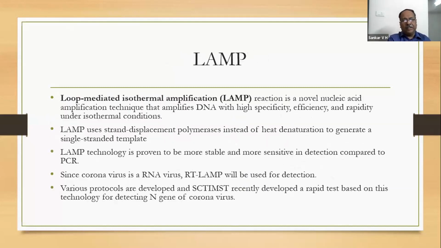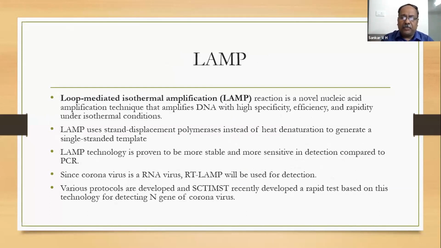LAMP is a new technology. You would have already read about it in the newspapers; it is the new technology Sree Chitra has developed. It is loop mediated isothermal amplification, a novel nucleic acid amplification that is robust, specific, efficient, and rapid under isothermal conditions. That means it doesn't require a robust machine.